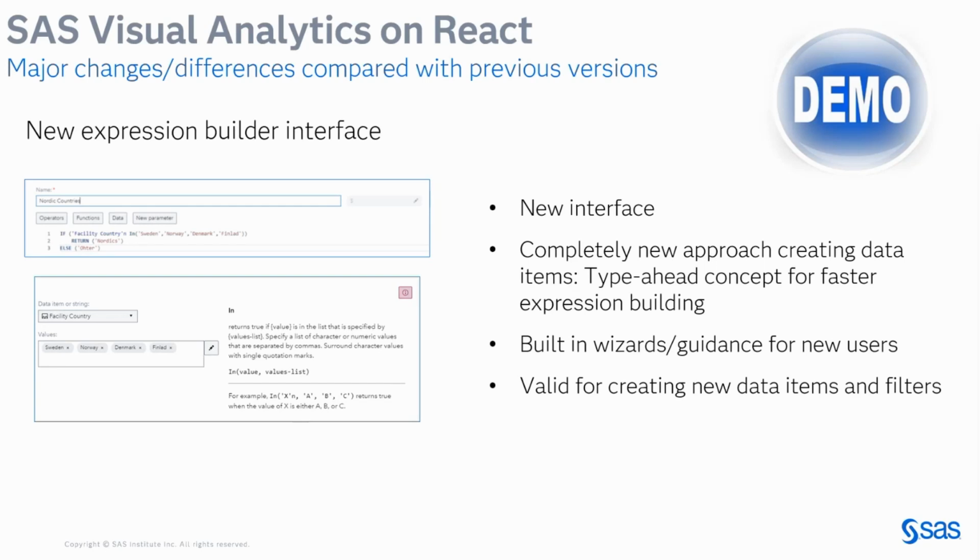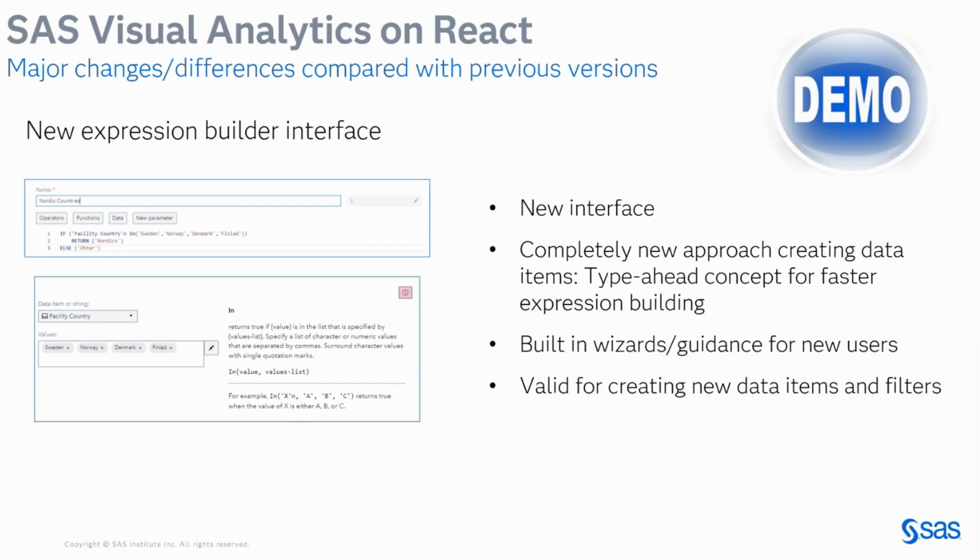So you can actually start typing if you know what function you want. I strongly believe that is far better than the previous version of VA. I don't know if you have tried the text mode in the previous version. I actually had a hard time doing something in the text mode in the old expression builder, but now with the new one, it's very, very nice to do that.